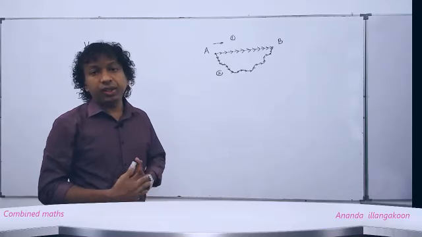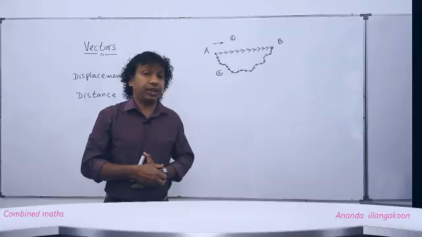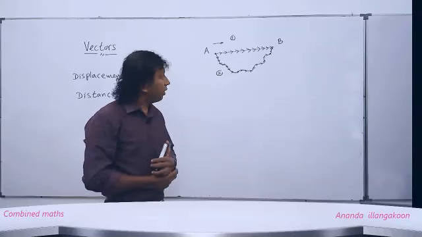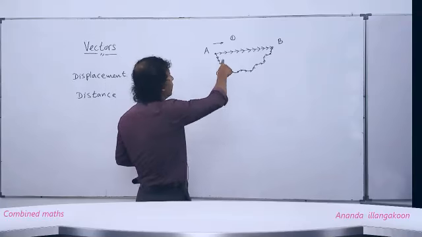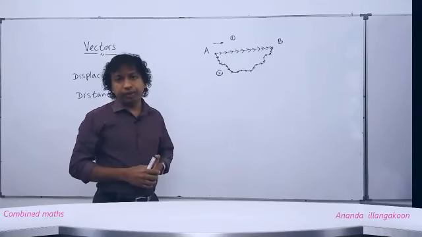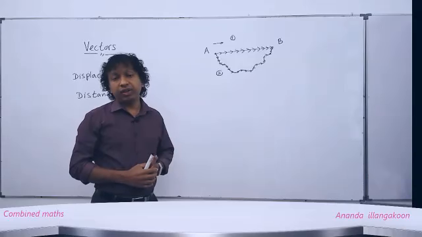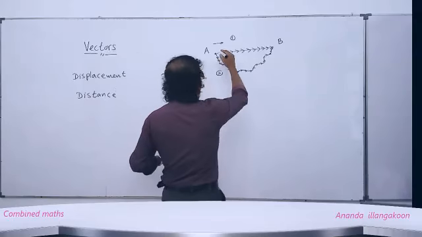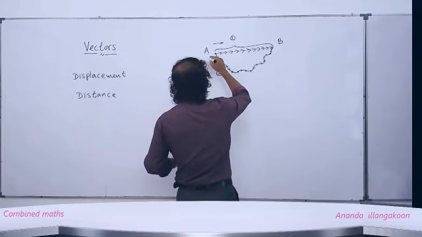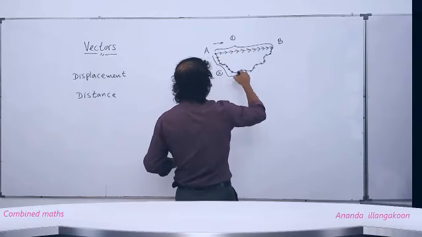Therefore, we say he has no definite direction. But the one moving along this AB straight line has a definite direction. Then, people, the length A to B and this length A to B along this track.